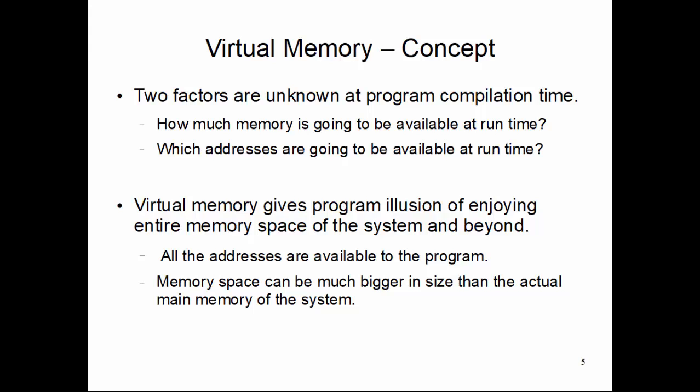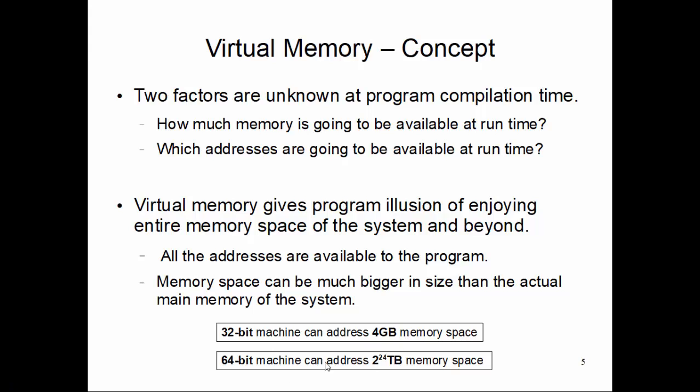And also your memory space can be bigger than the physical RAM present in the system. Of course, a 32-bit machine can address 4 gigabytes of memory space, whereas a 64-bit machine can theoretically address 2 to the power 64 bytes, which we can think of as infinite memory from a memory space point of view.